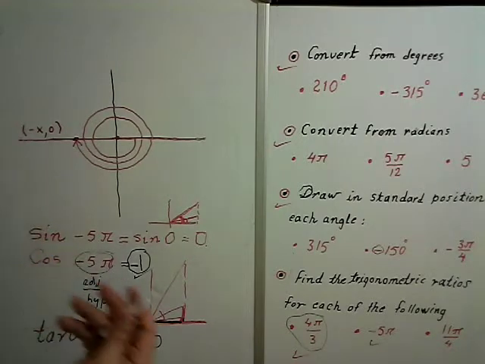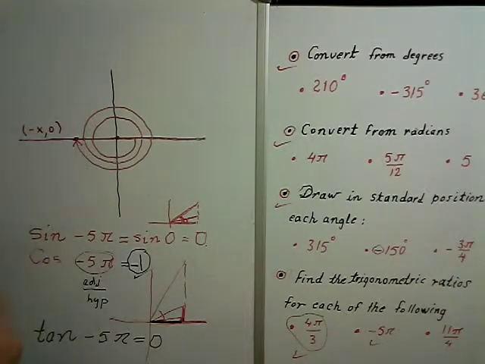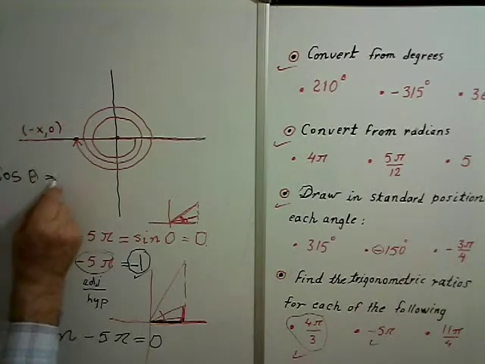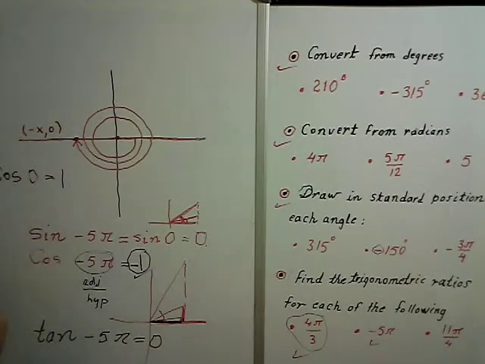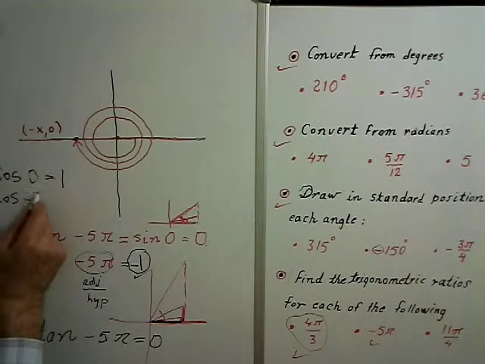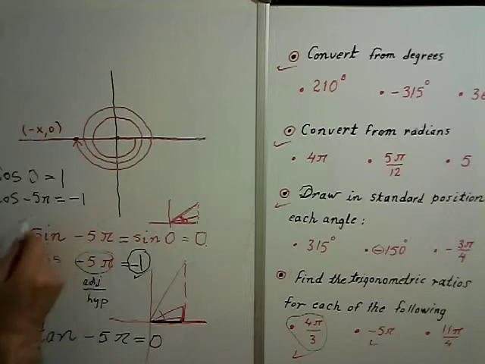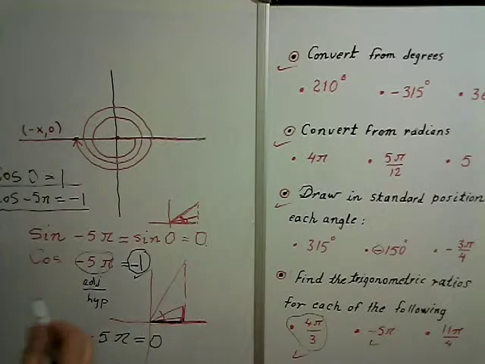That's the difference, so there is a difference in sign. For cosine, cosine 0, we know it is 1. But cosine of negative 5 pi is negative 1, because the quadrant here is the third quadrant. Here it is in the first quadrant. That's why they differ in sign.